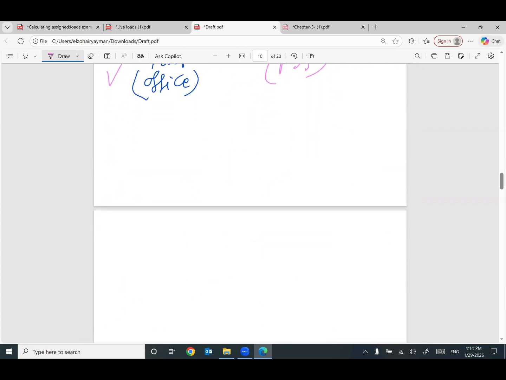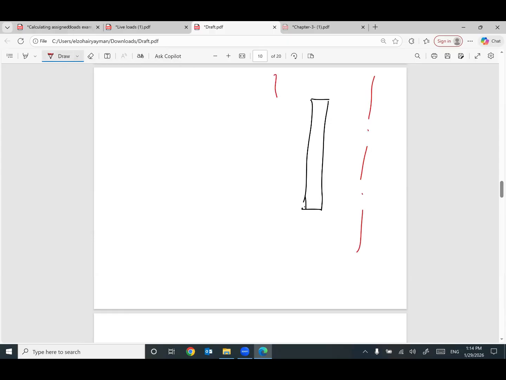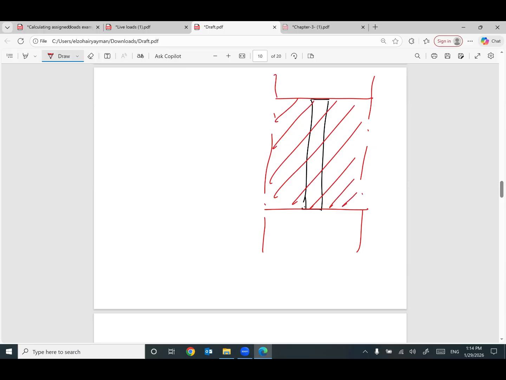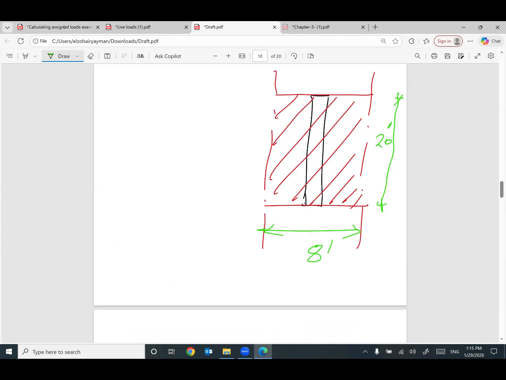So I can say the beam you are talking about will have, from this center line to this center line, this area. The dimensions of this area, this one will be 8 feet and this one will be 20 feet. That makes sense?